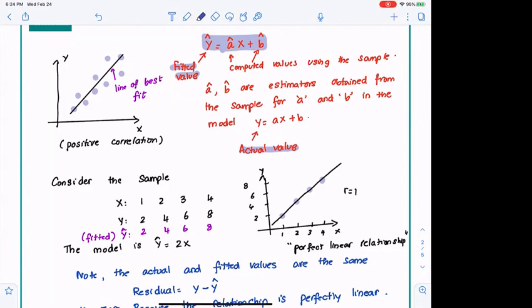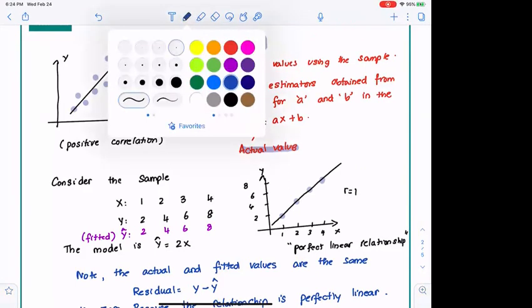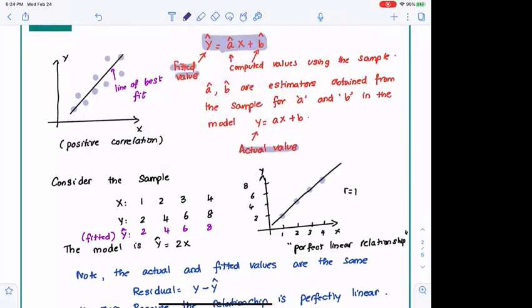So let's pick that point from the sample.